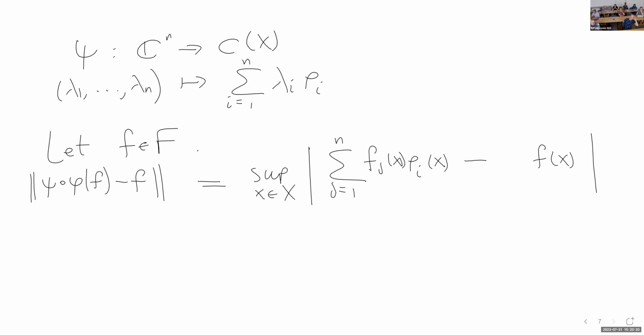But in fact, these rho_i add up to 1, so I can stick in the sum, i equals 1 to n, of rho_i(x). And that should be f of x_i. Sorry, yes, I wrote f_i of x, it should be f of x_i. Thank you.